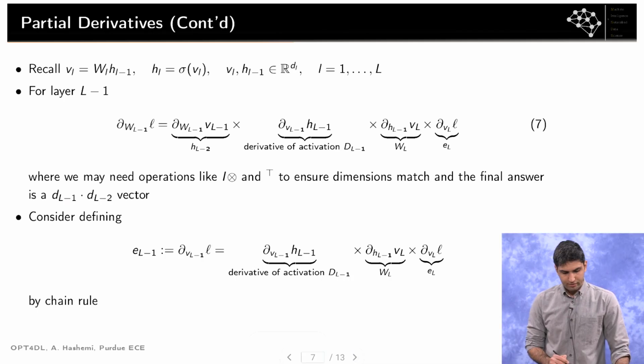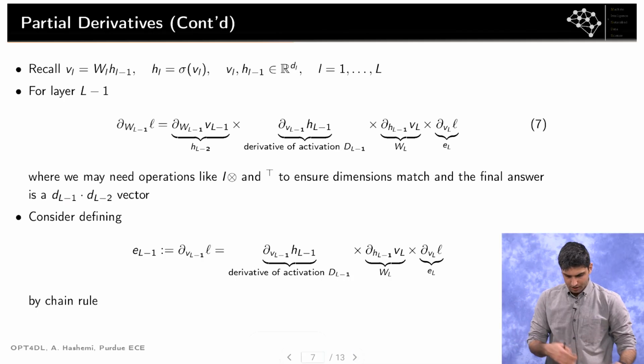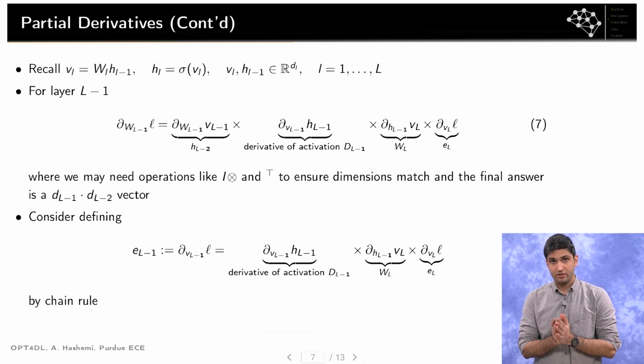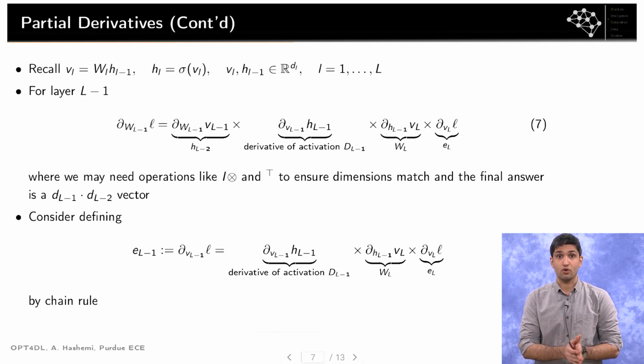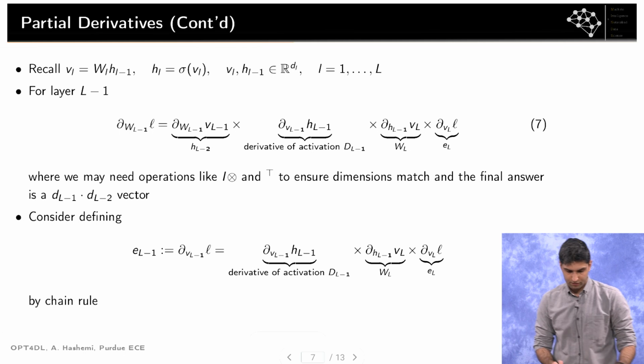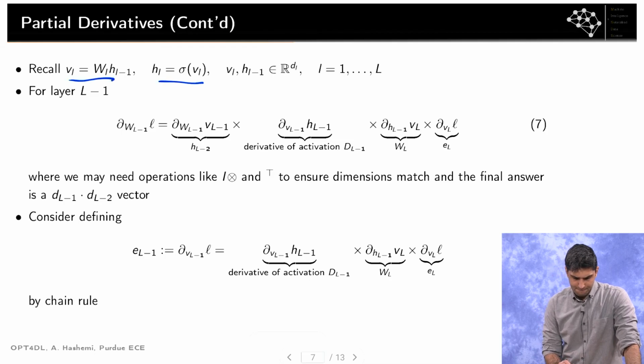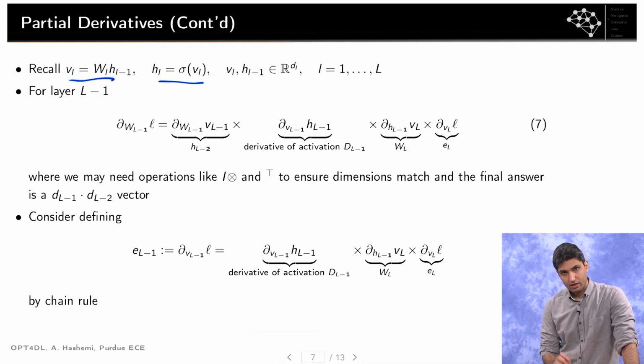Now let's see whether we can identify a similar structure, not just for the partial derivative with respect to the weights of the last layer, but for all layers. That's what we want to do. Recall our definition of the pre-activation and post-activation, this and this. Now let's do the calculation we did in the previous slide for layer L minus 1.